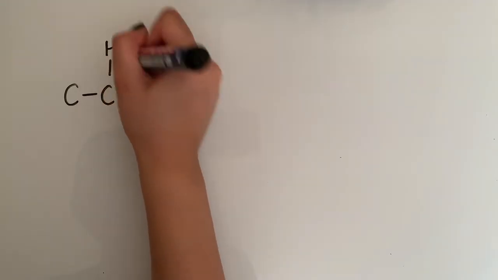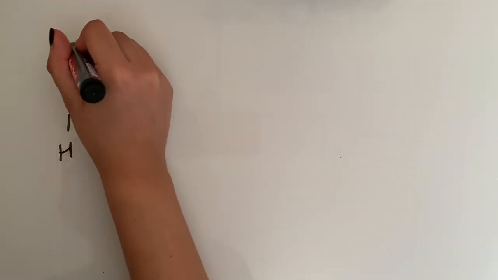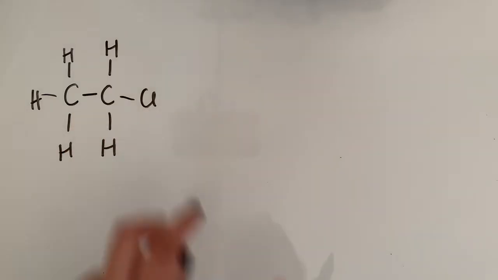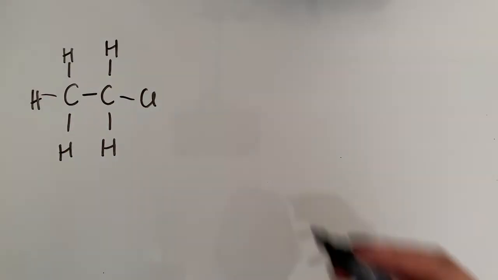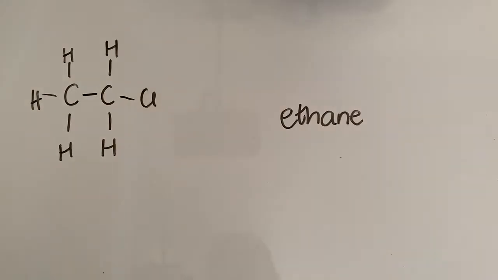So a simple one to start off with. It starts off in the same way. We find the longest carbon chain. In this case, we've got 2 carbons, so the longest carbon chain is ethane. And over here, we have a halogen attached.